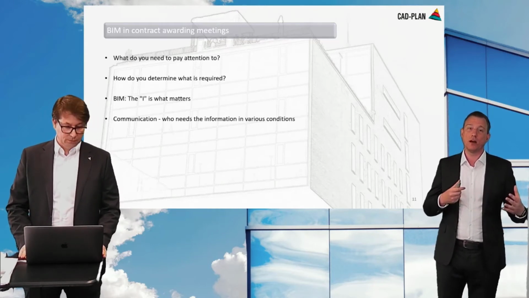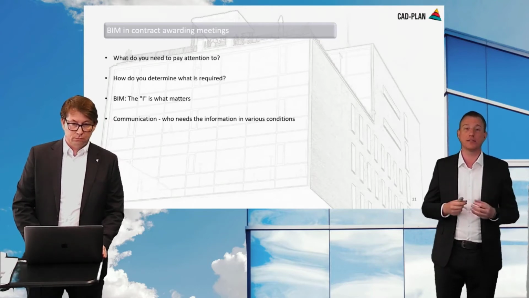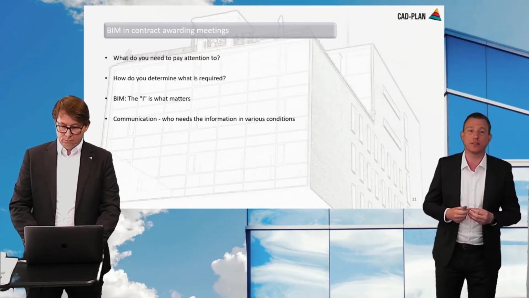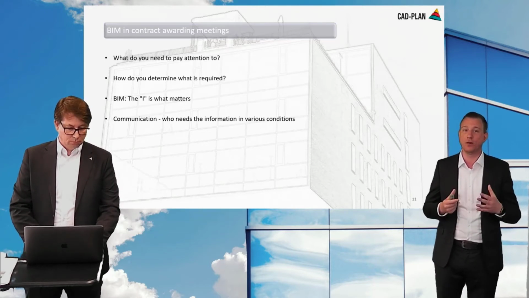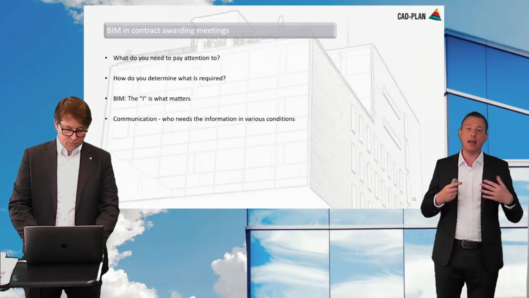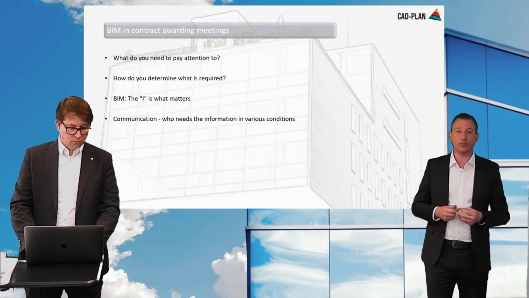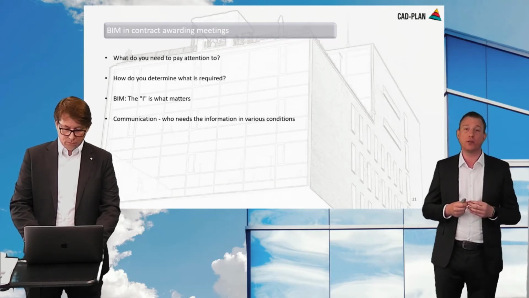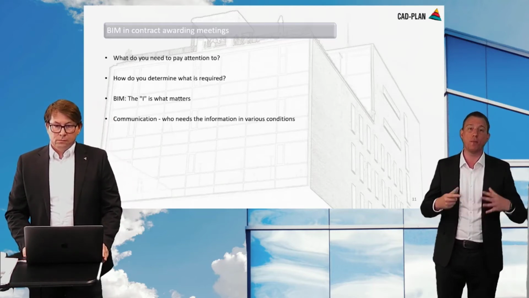Who needs which information at the beginning, in which phases or states? Is the client or the general contractor familiar with the common terms and knows what they mean? For example, LOIN, LOD, LOC, LOI, IFC files, open BIM, closed BIM, and so on. This information in the discussion gives you security later to be able to approach the project with information management or BIM correctly.